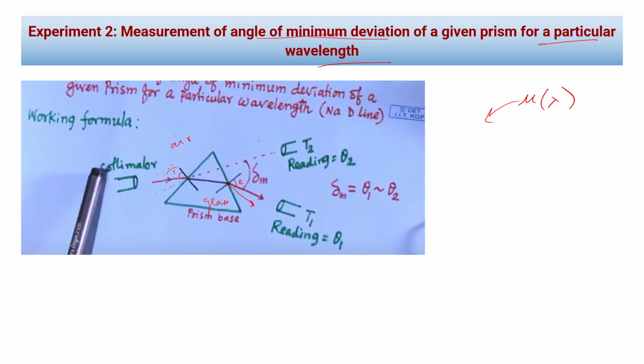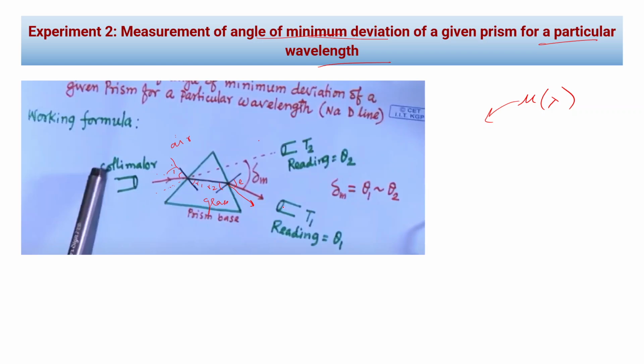For both cases, when I increase or decrease the incidence angle, but at this particular angle the deviation is minimum, that is, the line traveling through the prism is parallel to the base. Only in this condition are R1 and R2 equal, the incidence angle and emergence angle are equal, and the deviation is minimum.